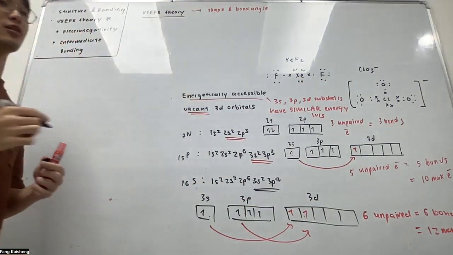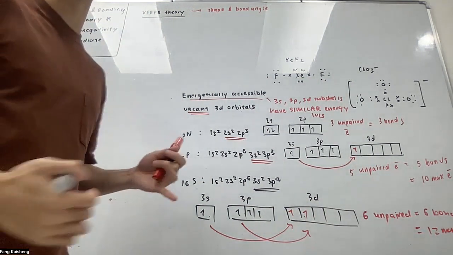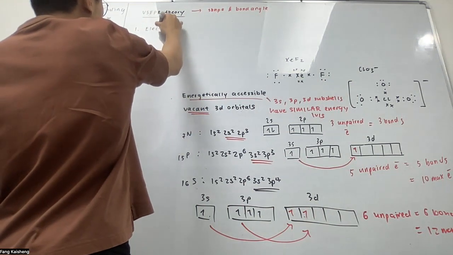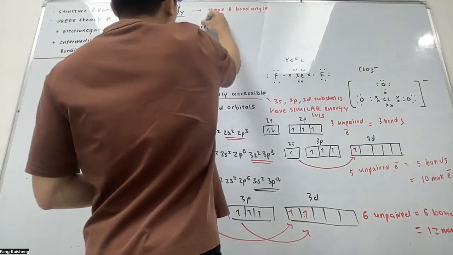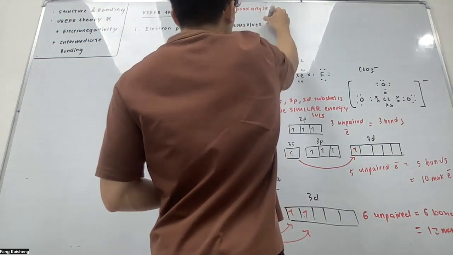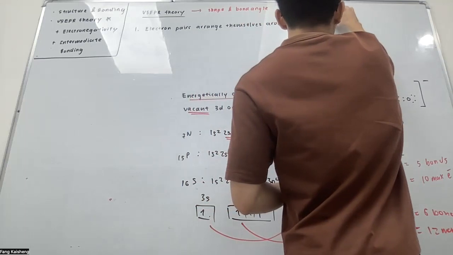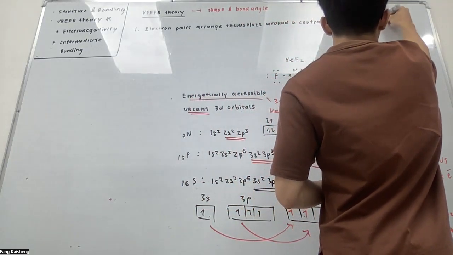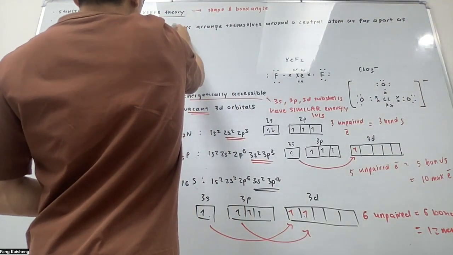The reason why this is difficult is because there are a lot of shapes and bond angles. You can already see a bit on the next page, but we start with the definition first. There are 2 definitions. I'm going to write down the whole thing and then we break it apart. Electron pairs arrange themselves around a central atom as far apart as possible to minimize mutual repulsions.